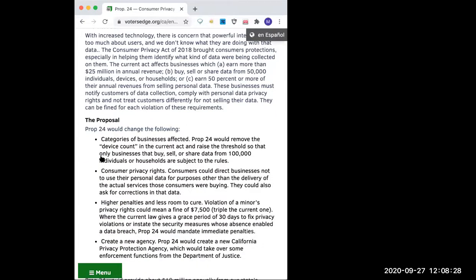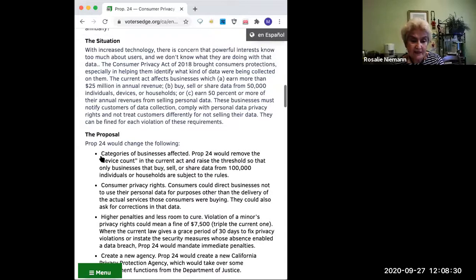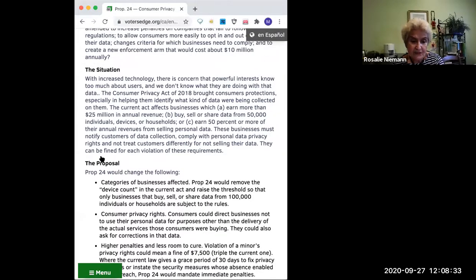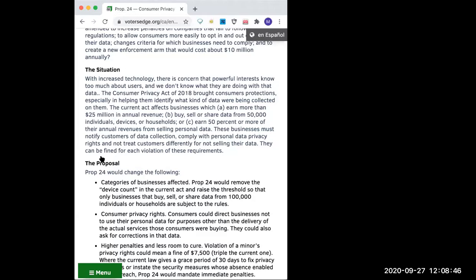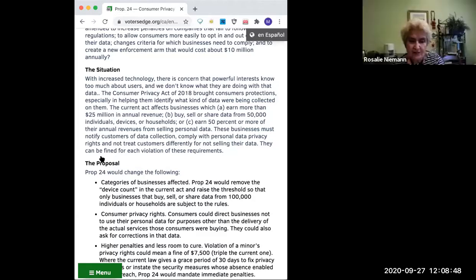The situation is the Consumer Privacy Act of 2018 brought consumer protections, especially in helping them identify what kind of data was being collected on them. The current act affects businesses which, one, earn more than $25 million in annual revenue, two, buy, sell, or share data from 50,000 individuals, devices, or households, or three, earn 50% or more of their annual revenue from selling personal data.